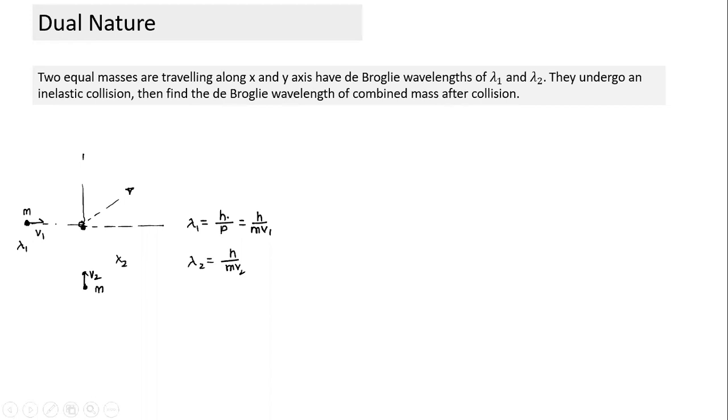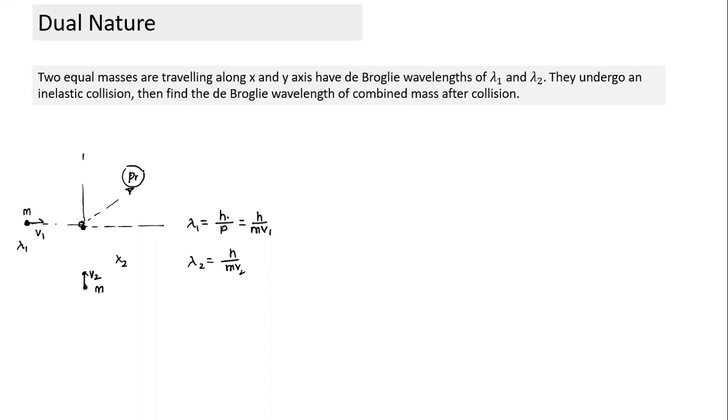Basically, every time we think of de Broglie wavelength, I think of momentum. So all I need to do here is see that the momentum was mv1 for this mass and mv2 for this one. I need to find the resultant momentum here. If I know the momentum here, I can write it. How would I find the resultant momentum?